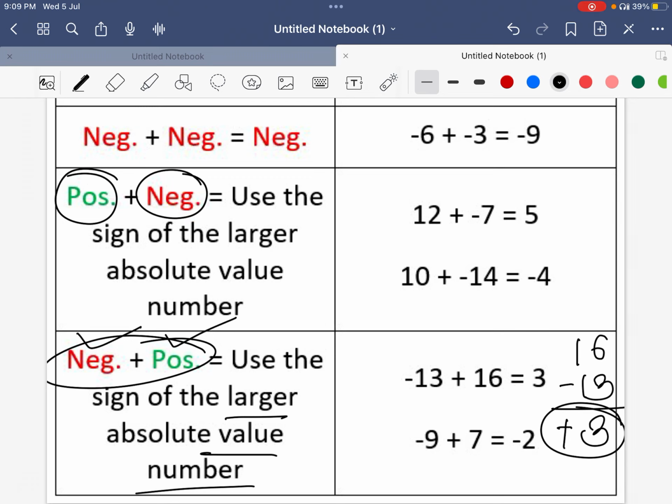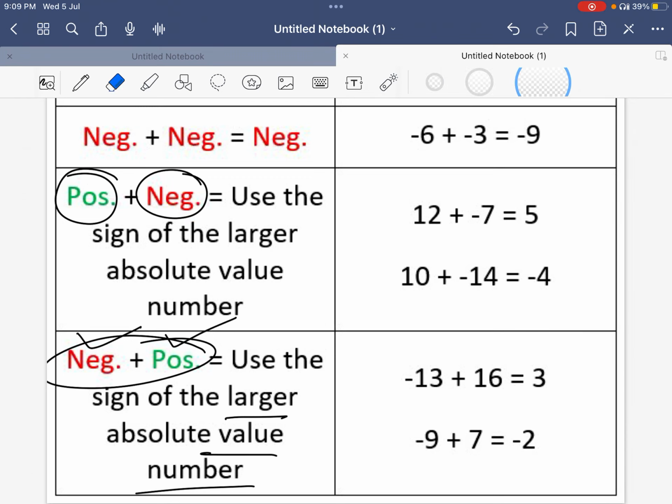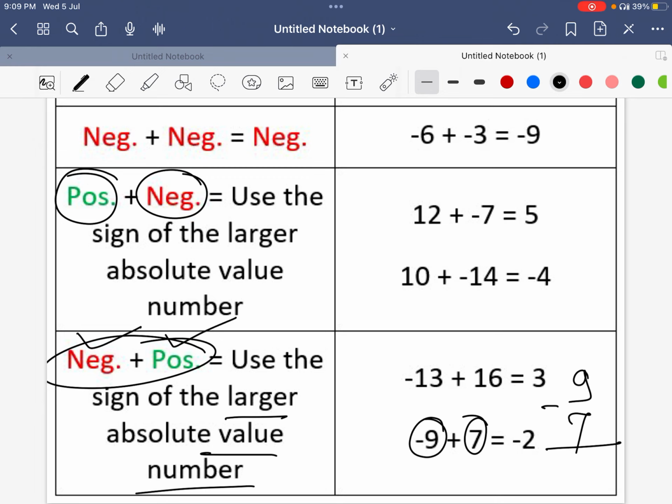Just like this one, solve the second question, which is minus 9 and plus 7. Let's see, 9 is the bigger term and 7 is the smaller term. As per the previous one, take a simple subtraction: 9 minus 7, your answer is 2.